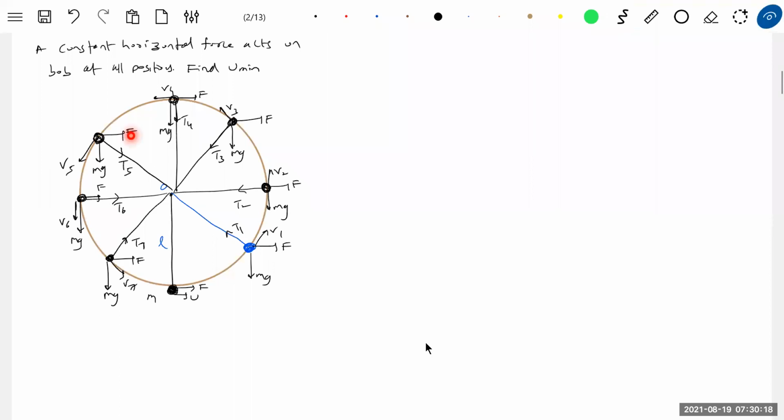The resultant of F and mg will act along the string. So what about here? mg is acting, the resultant of F is not acting. So the tension can be minimum here.